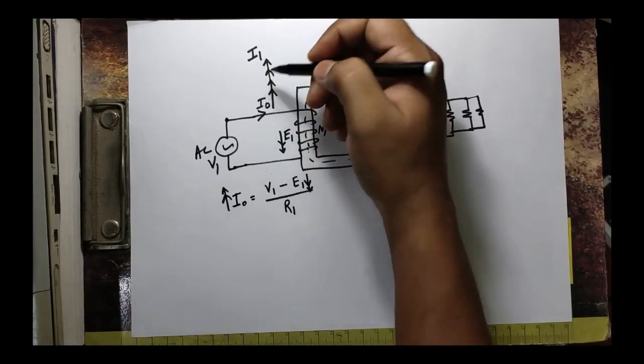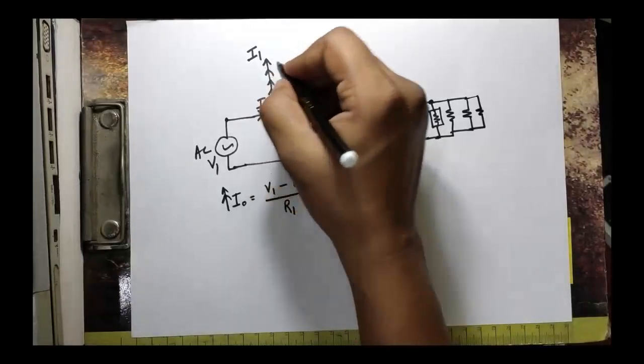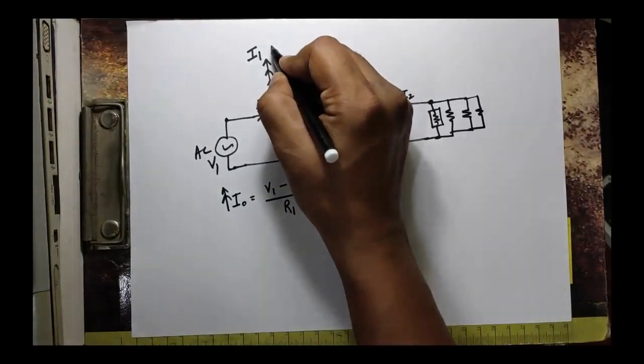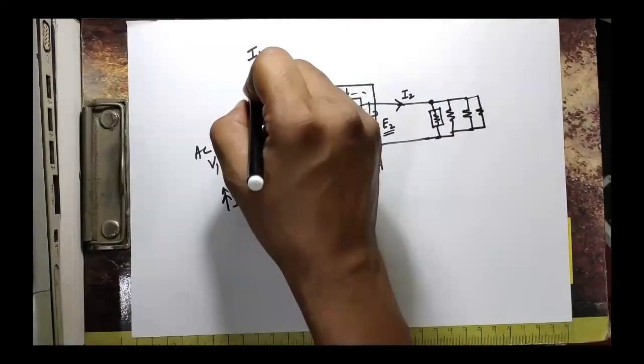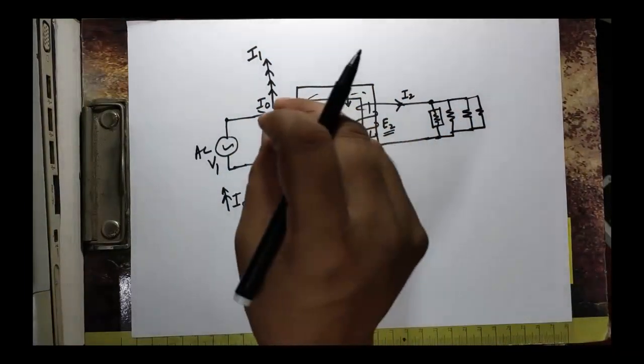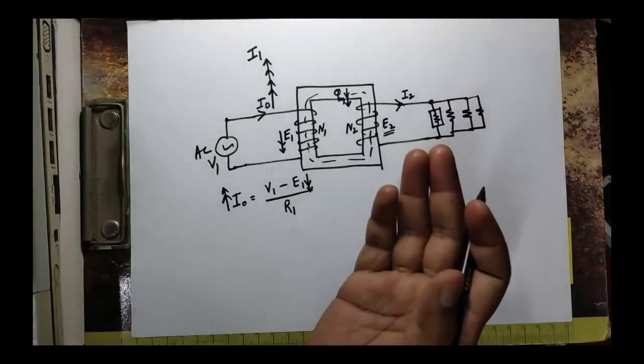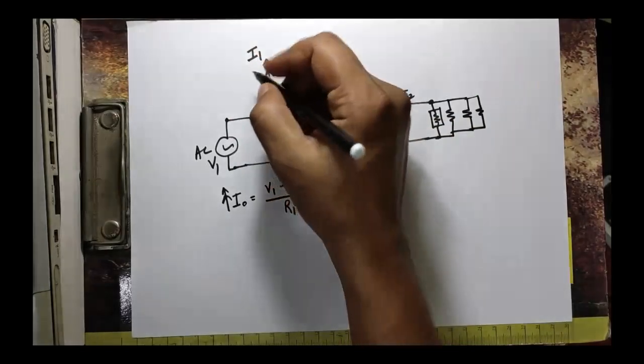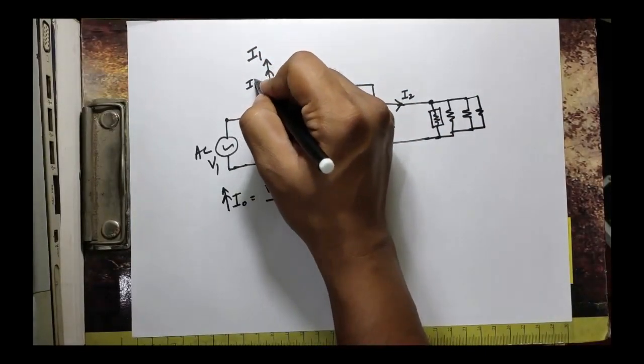So this I1 is composed of what? No load current as well as the current which is being counterbalanced from the secondary side, right? So say it has been increased by I1 dash.